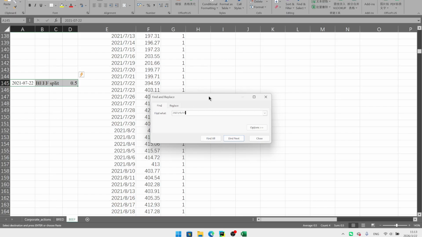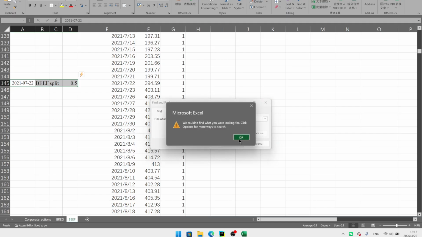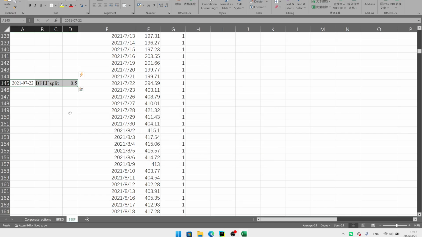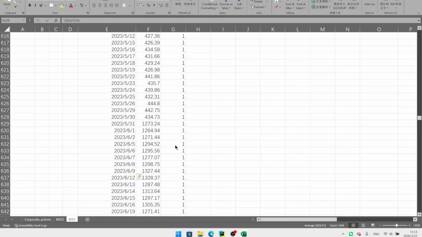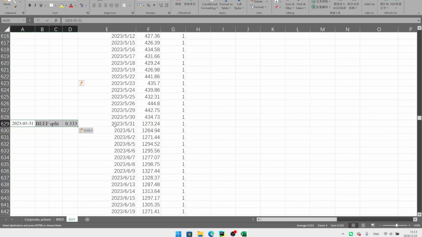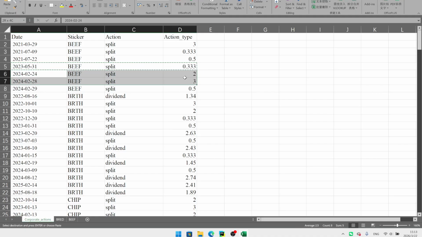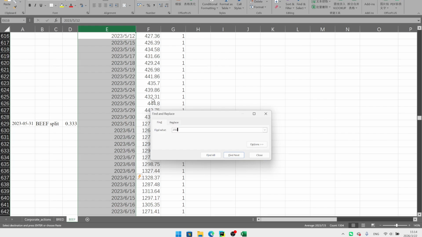Fine. We couldn't find it, so we're looking for the click option to move. Okay, we need to define the column. The next is 2024 February 24th.